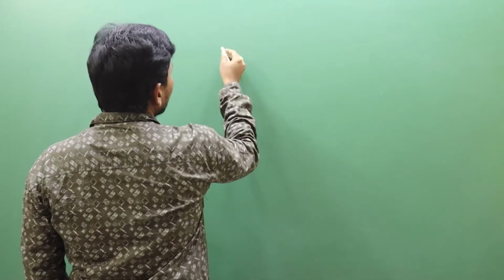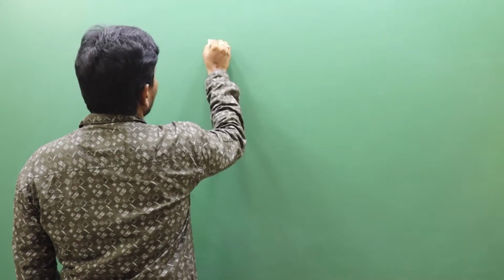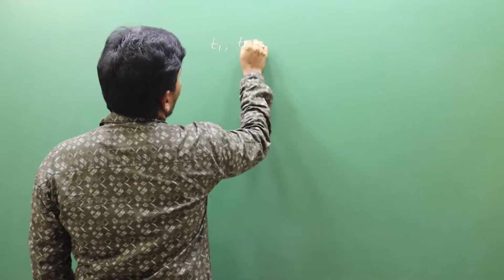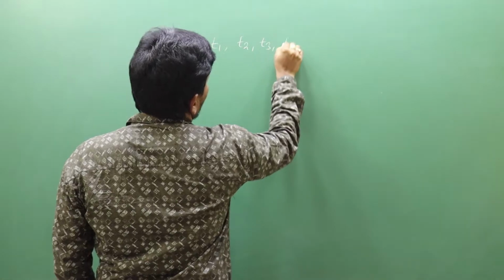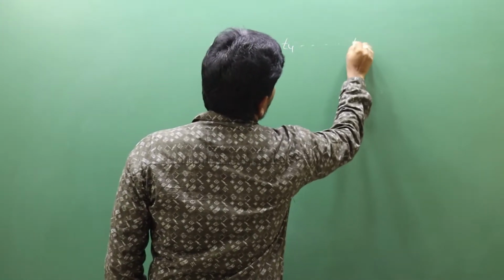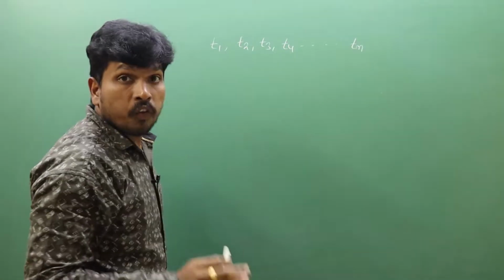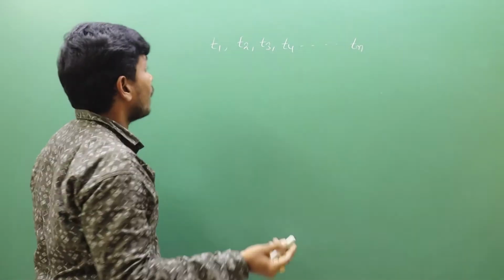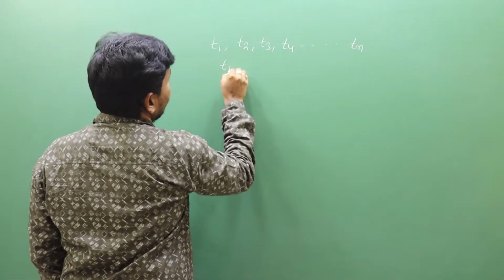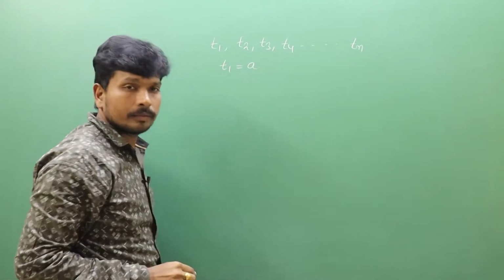Okay, how to find the general term? Now we are discussing the terms in an arithmetic sequence: t1, t2, t3, t4, and so on, tn. The first term is generally denoted by a, so I'm taking t1 equal to a.